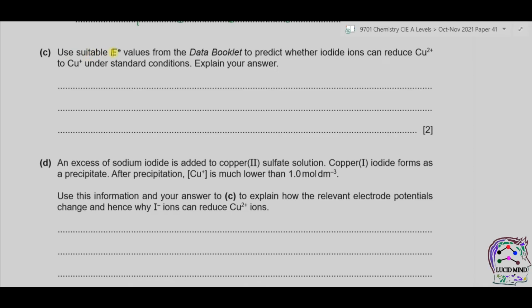Part C. Use suitable electrode potential values from the data booklet to predict whether iodide ions can reduce copper plus 2 to copper plus 1 under standard conditions. Explain your answer. From the data booklet we can have values for reduction potential of copper plus 2 into copper plus 1. The value of E naught is plus 0.15.